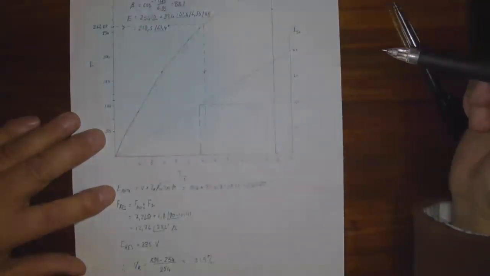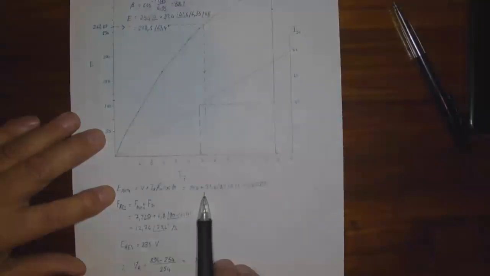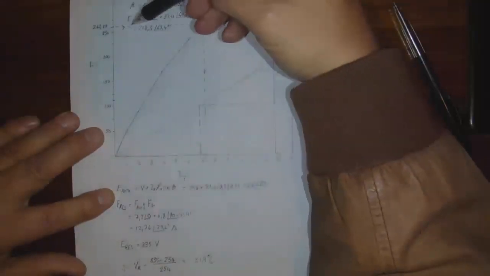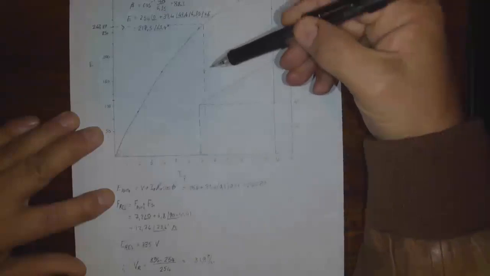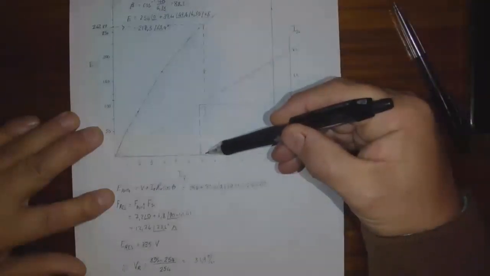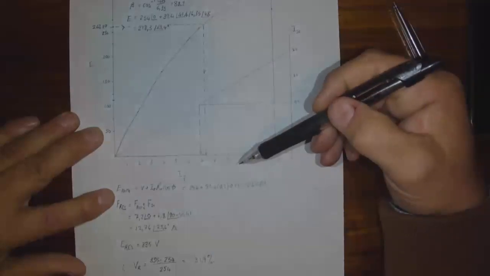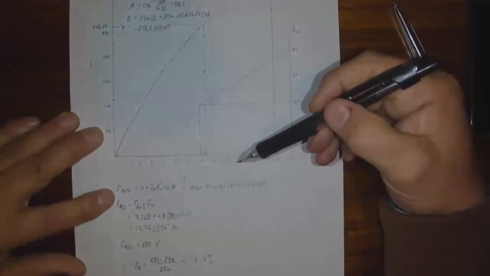Just arithmetically add 254 plus 39.4 times 0.15 then times 0.75. You get a value. Then you go to your graph and across and down so that you can find what is the Potier excitation.